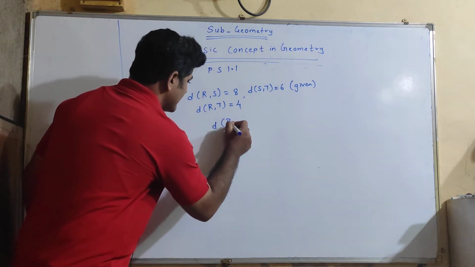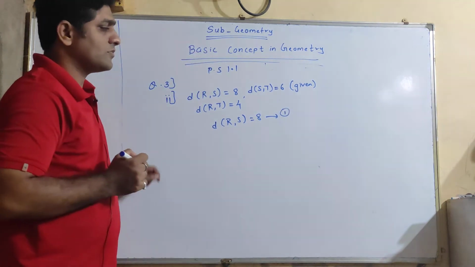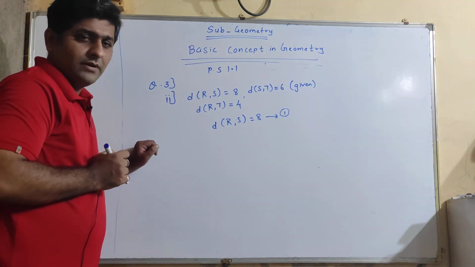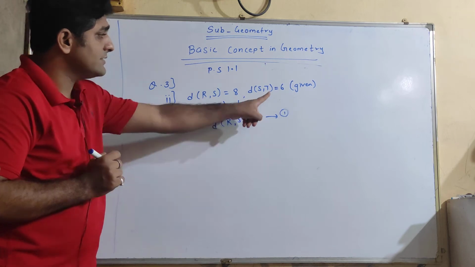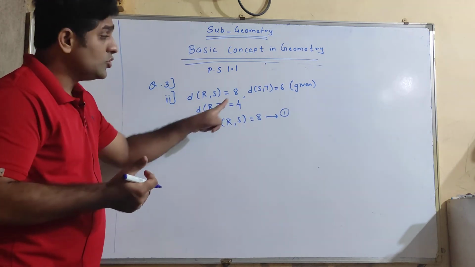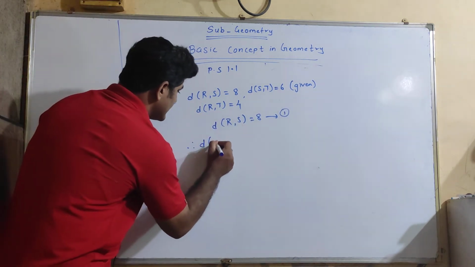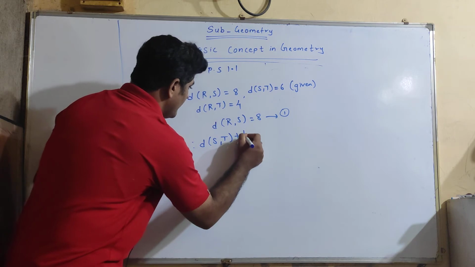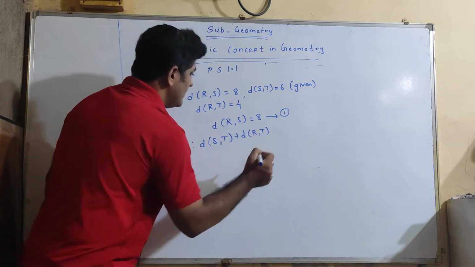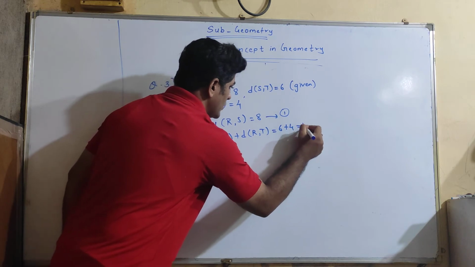So let's take distance RS, 8, assume this as 1. Correct? Now which are the two smaller distances? ST and RT. What am I supposed to do? Add the two smaller distances. So distance ST plus distance RT will be equal to 6 plus 4, 10.